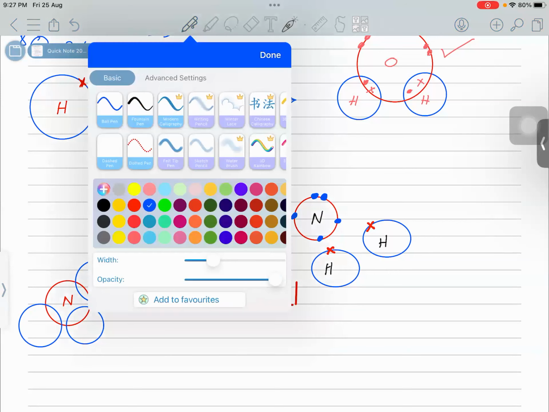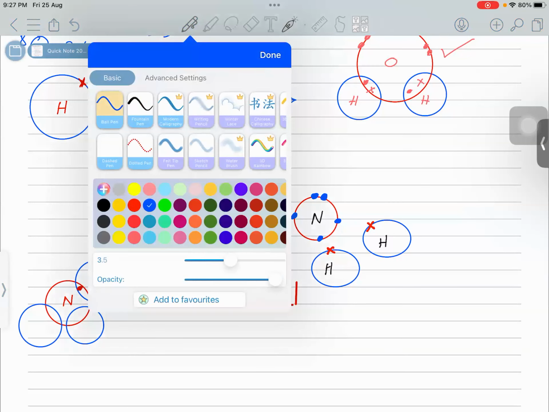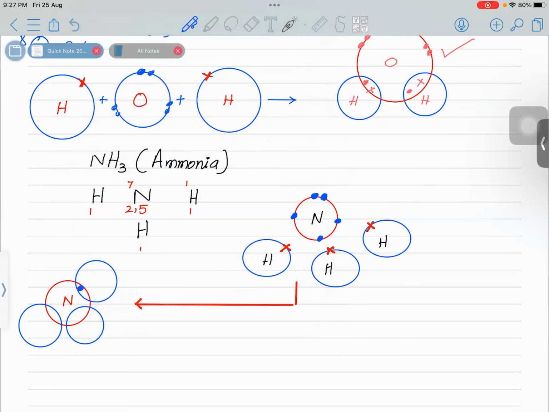Can you tell me how many valence electrons in nitrogen? 5, sir. So here you have the blue ones, 1, 2, and 3.